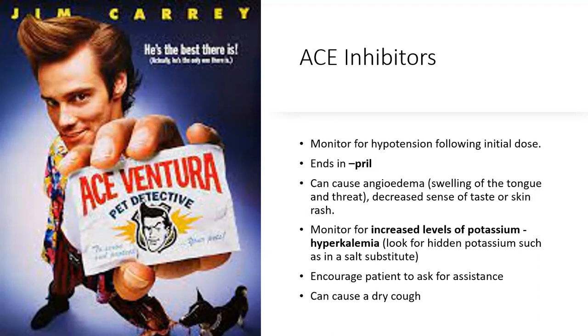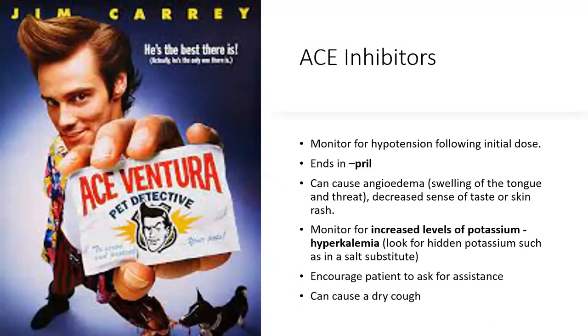So it's an ACE inhibitor. It can cause angioedema, so swelling of the tongue and throat, decreased sense of taste, or skin rash. You want to watch for increased levels of potassium, your hyperkalemia. So like I said before, you want to look for those hidden potassiums, your salt substitutes.